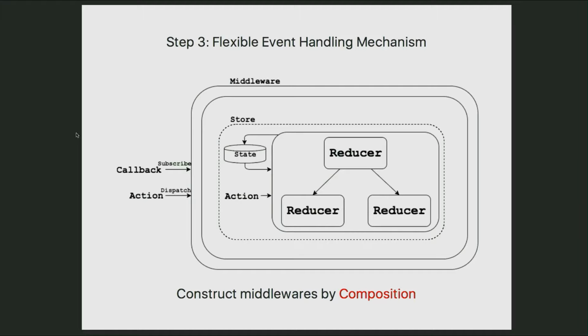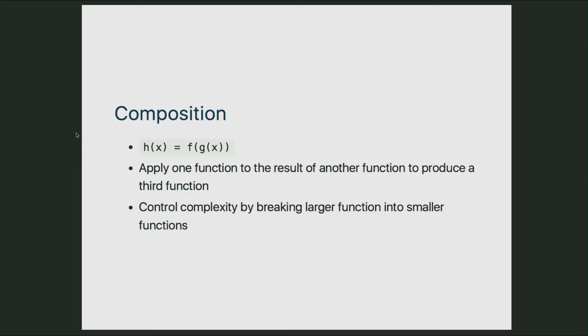And conceptually, it is really similar to Rails middleware. And middleware is built on functional composition. And composition is perhaps the most important concept in functional programming. So what is composition? Well, it's nothing but you apply something to a function and then apply the result to another function as input, and that's a composition.